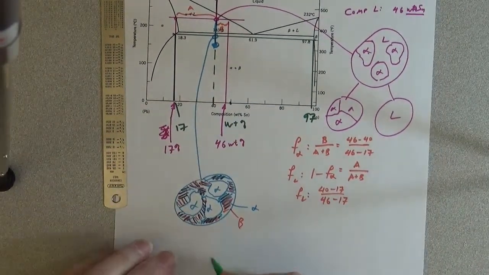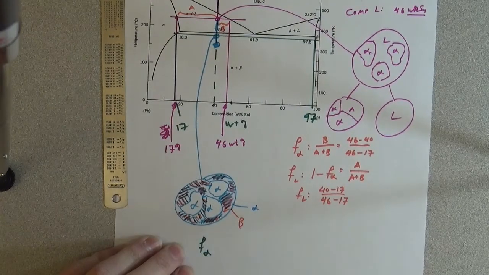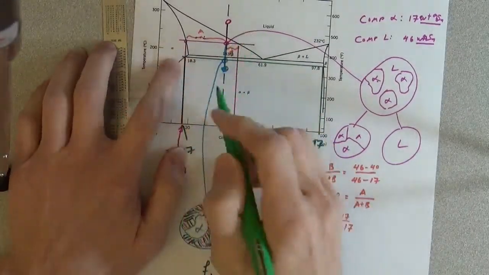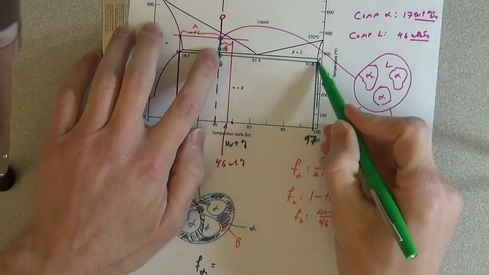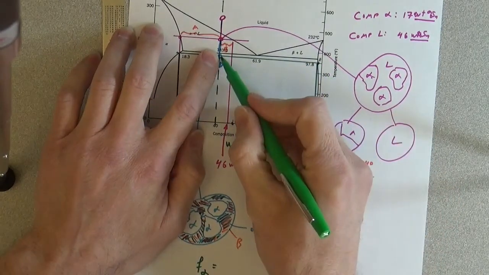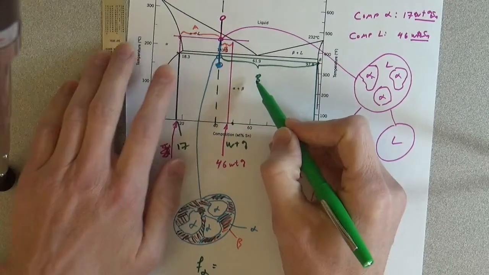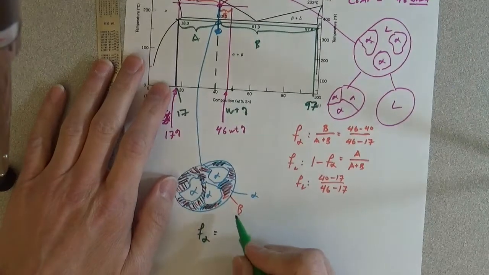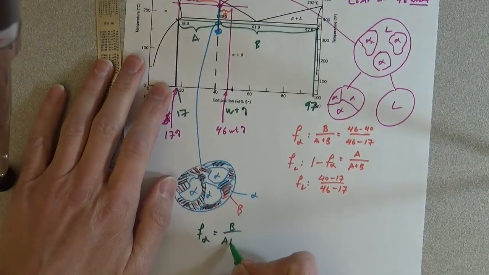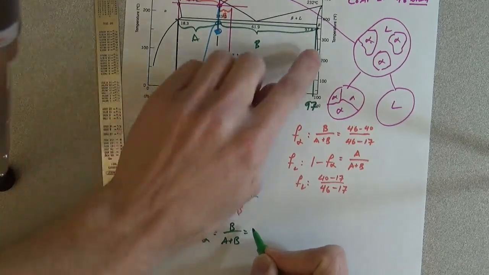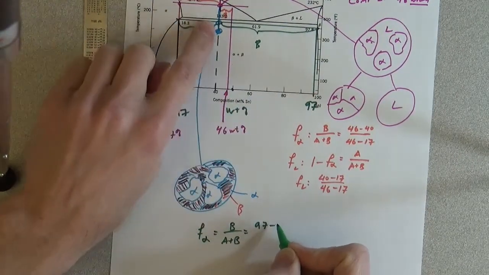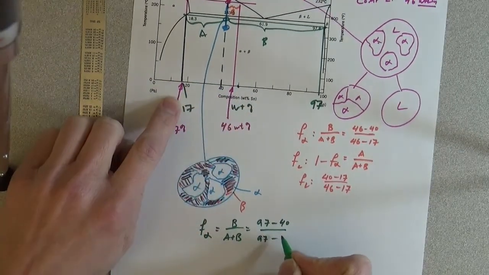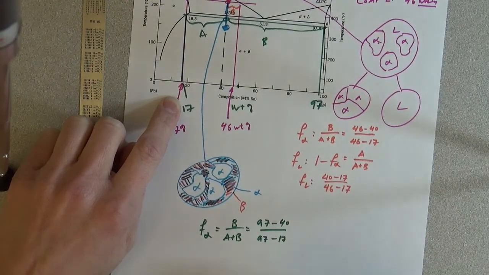So the fraction of alpha: that's where it crosses alpha, so we take the inverse distance. Let's call this distance B, this distance A. So it's B divided by A plus B, which is equal to 97 minus 40 divided by 97 minus 17.